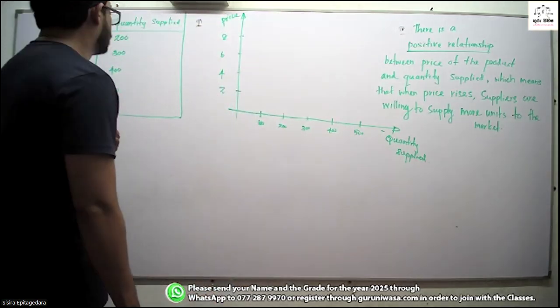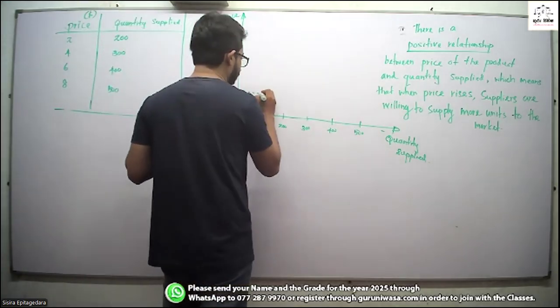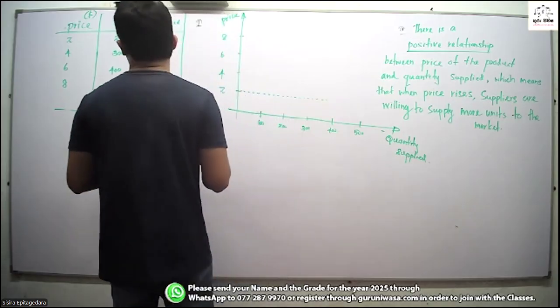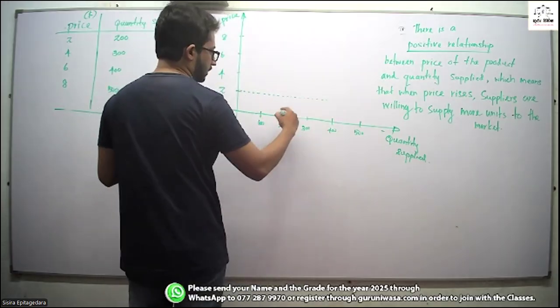When price is $2, suppliers are willing to supply 200 units.